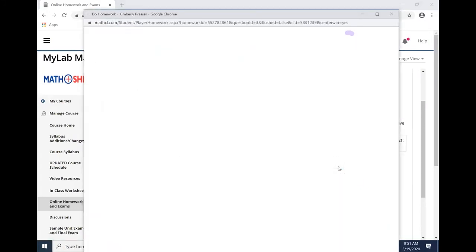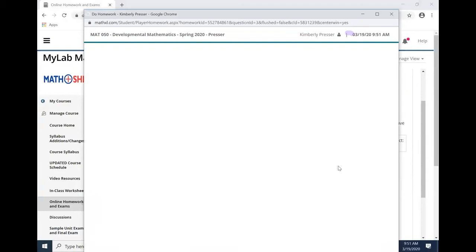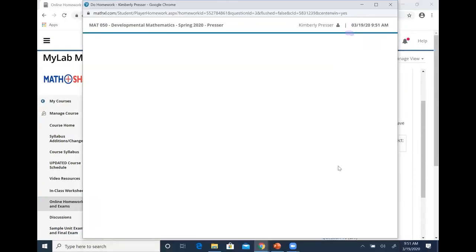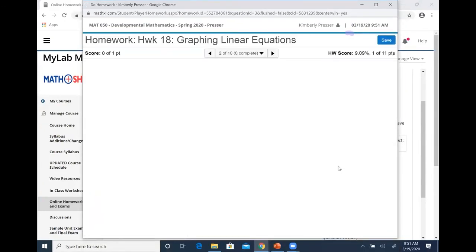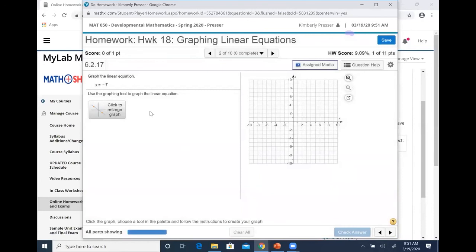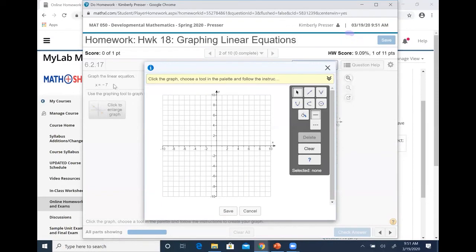We're going to graph lines in one of the later videos, but I thought you could see that. Some people like to click to enlarge the graph so that you can see what you're working with. And this particular question asks you to graph the line x equals -7.